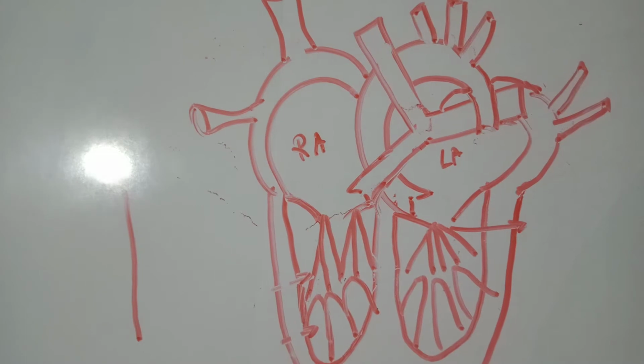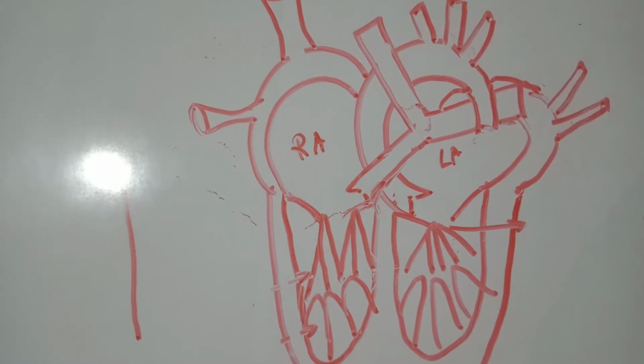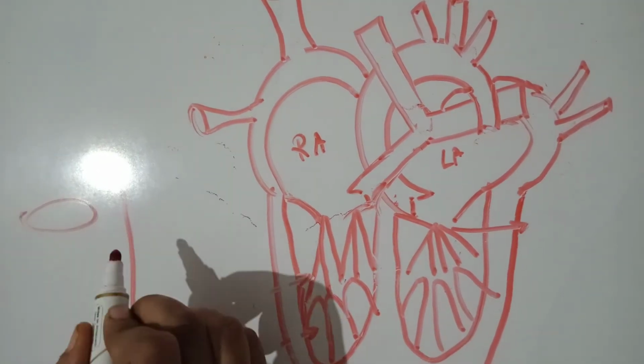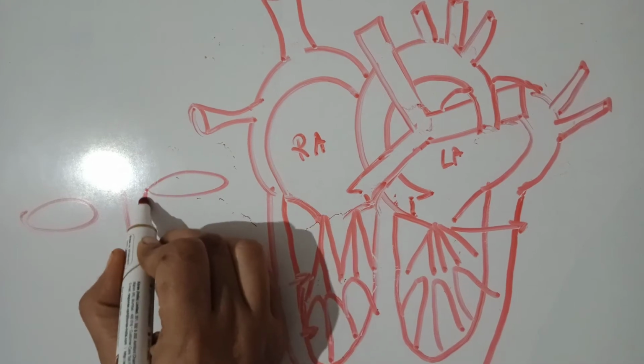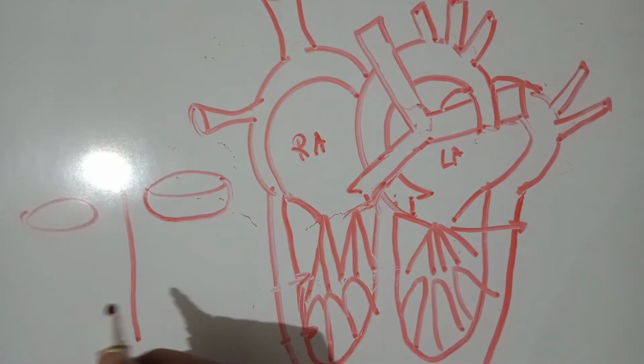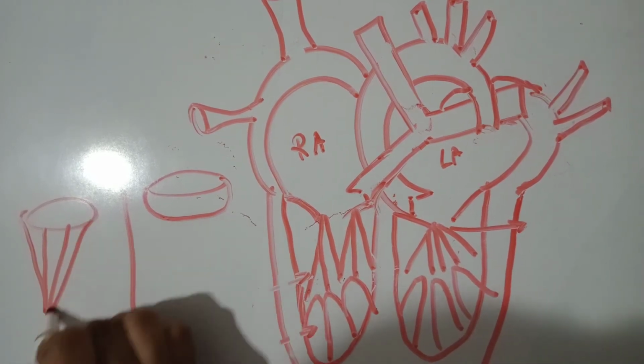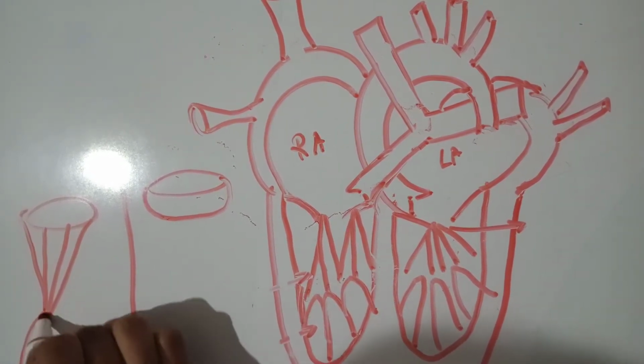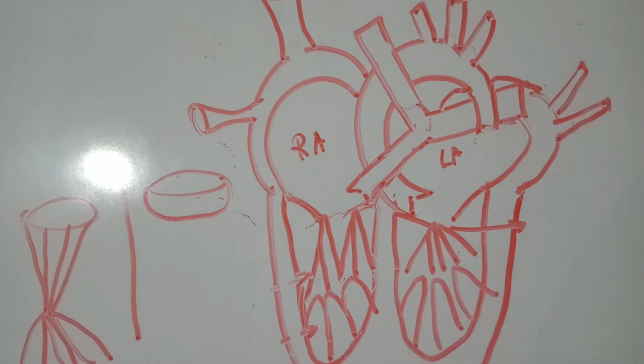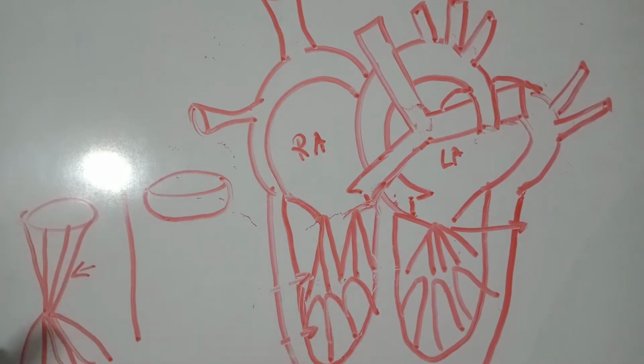The first case is when the valve is open, and the second case is when the valve is closed. Whenever the papillary muscles are relaxed, at that time the chordae tendinae are also held very loosely.